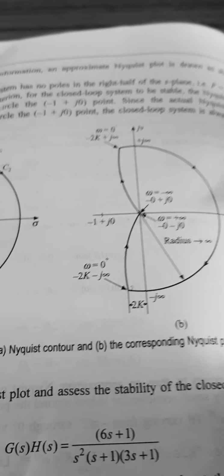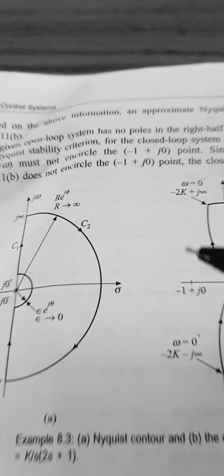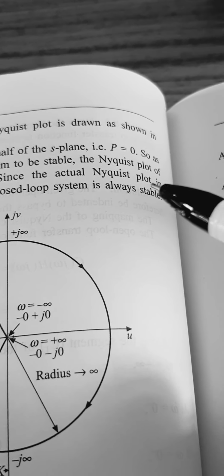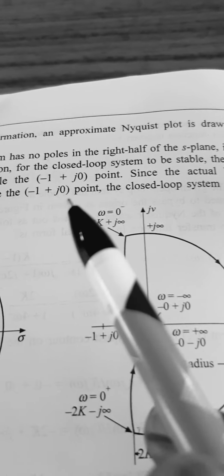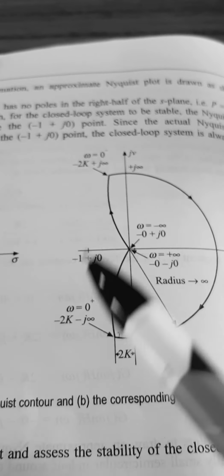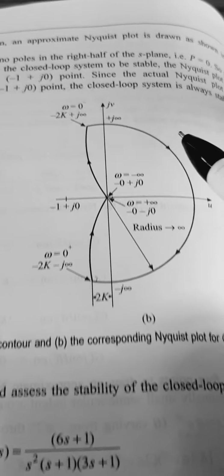So there is no need of encirclement in this case, since the actual Nyquist plot in figure 8.b does not encircle the minus 1 plus j0 point. The closed loop system in this case is always stable.